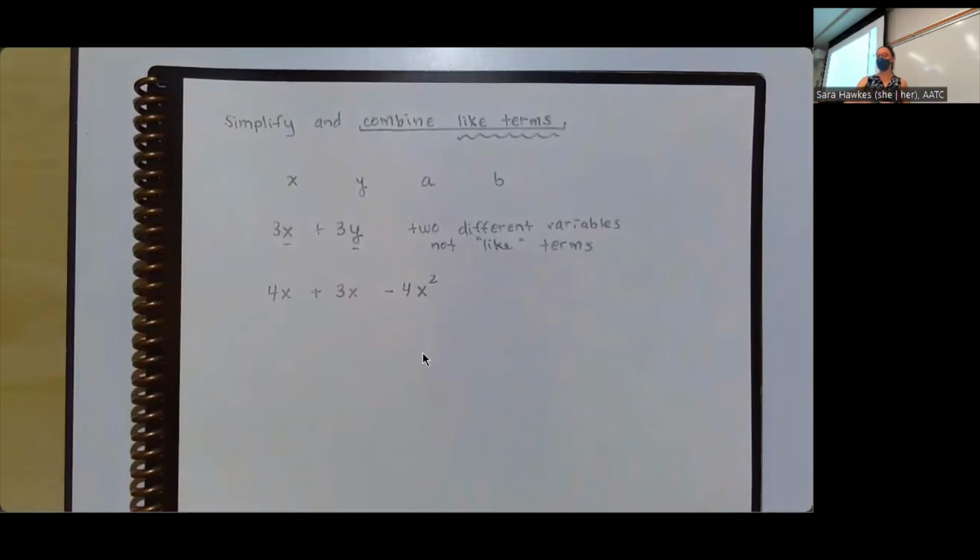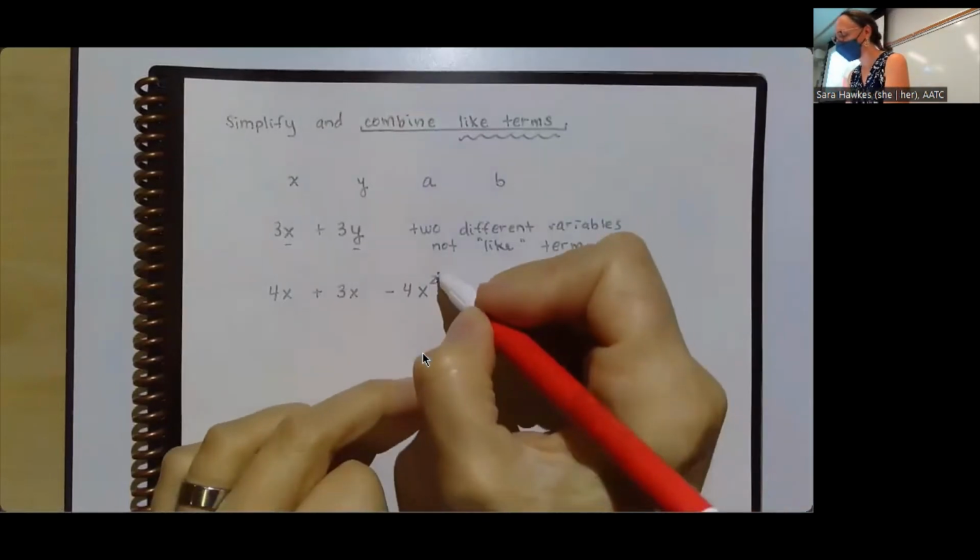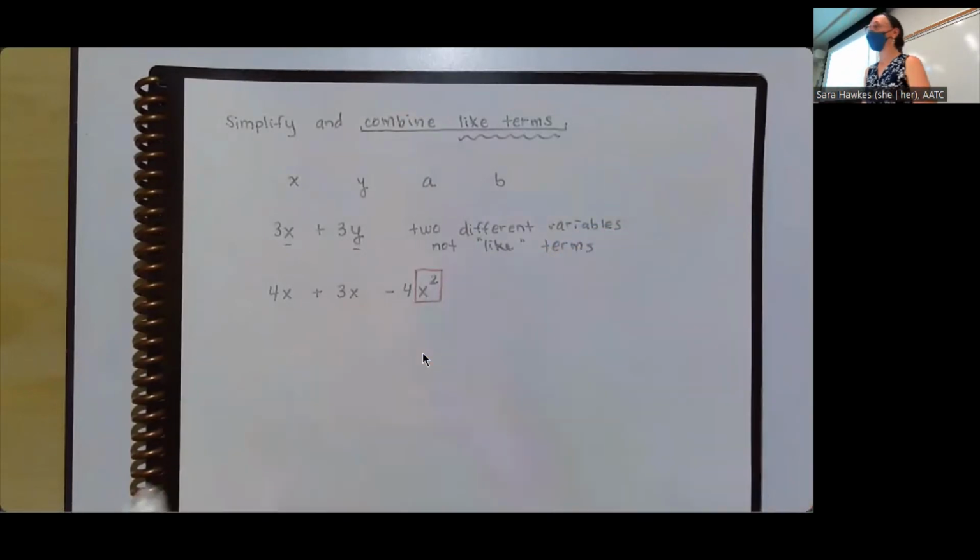Now, if I asked you to simplify this expression and we were thinking about PEMDAS, I would walk through this and say, okay, I don't have parentheses. Oh, but I do have exponents. I'm supposed to simplify that exponent. If I don't know what the value of x is, I can't do anything with x squared. So it just became its own thing, because until I know the value, I can't simplify that piece of it.